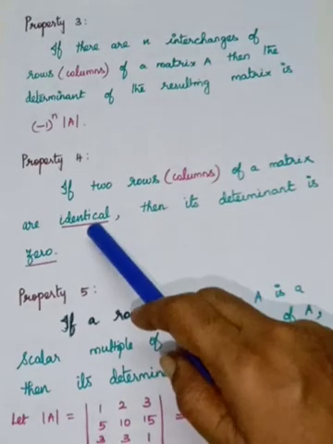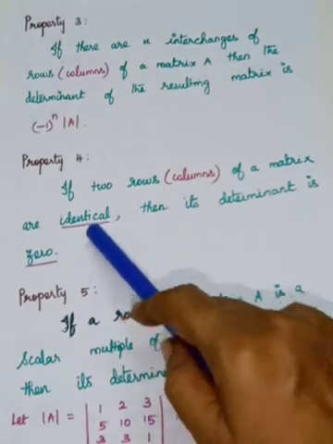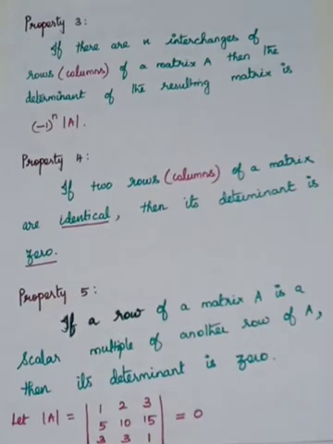Here I have already used the word identical in property 4. Identical means the same elements have to come. If you have 1, 2, 3 in the first row and the second row also 1, 2, 3, the two rows R1 and R2 are identical. But here one row is a scalar multiple of another row, meaning those two rows are proportional.